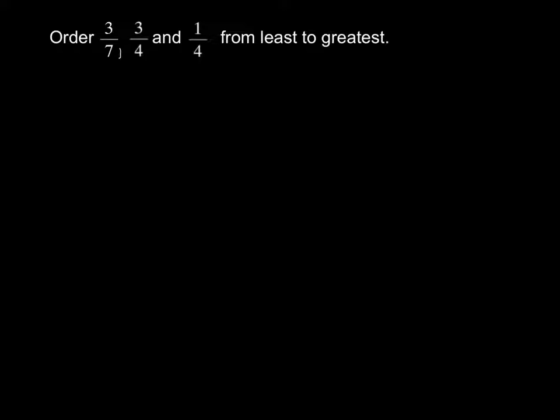All of these numbers are really going to be between 0 and 1. So now we have to find a common denominator for all of these numbers. Well, what number do they all go into?